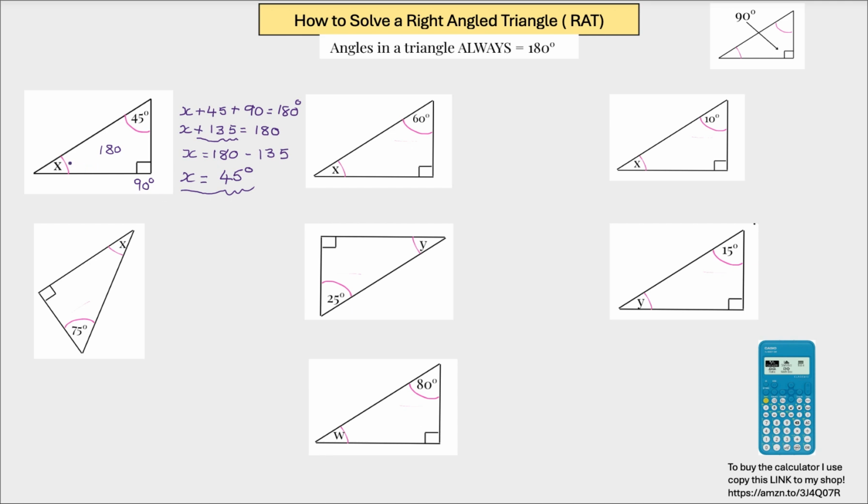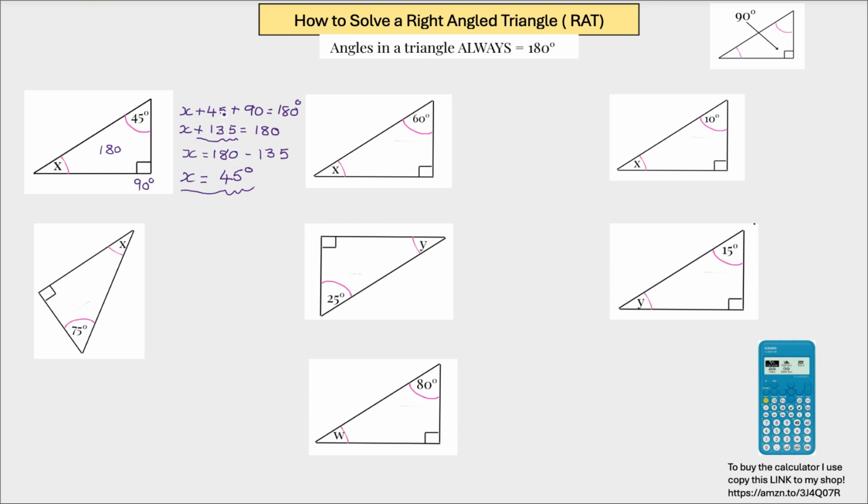Now that is a really, really easy one because you could have just known from the top of your head that 45 plus 45 equals 90, 90 plus 90 equals 180. But you need to write these methods out so your examiner can give you method marks. You need to write it out.